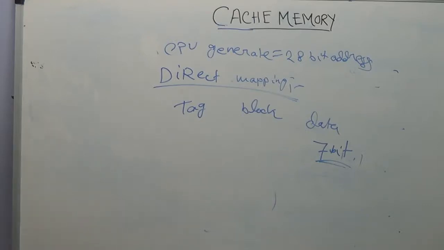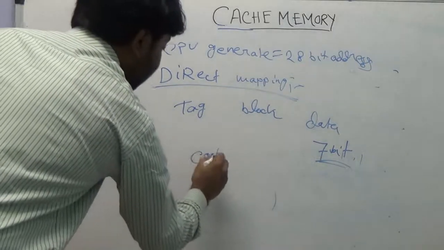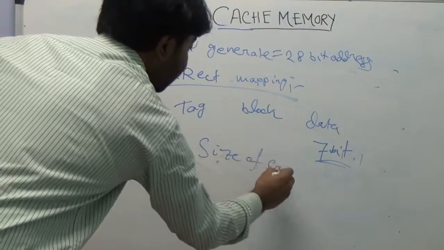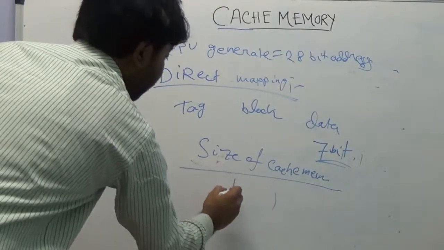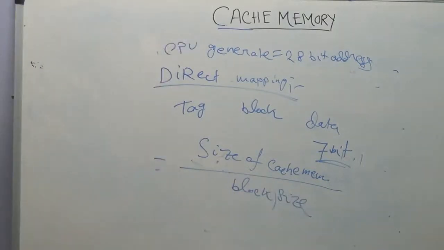So first calculate the block field. To calculate the block field, first we have to calculate the size of the cache memory by block size. This is the formula to calculate the block field. We have to calculate the number of blocks that are present in the cache memory.